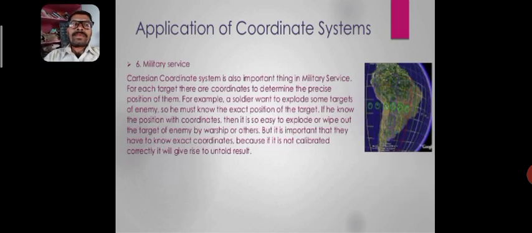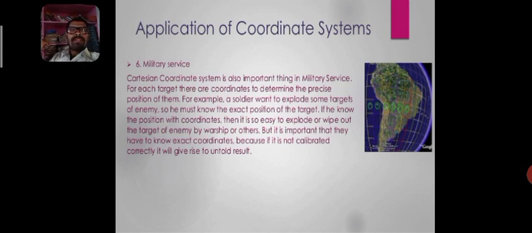In military services also, the coordinate system of geometry plays an important role. For each target, there are coordinates to determine its precise position. For example, a soldier who wants to strike some target of the enemy must know the exact position of the target.